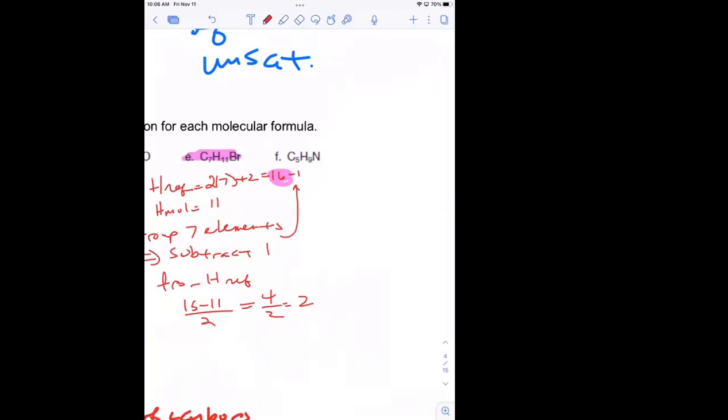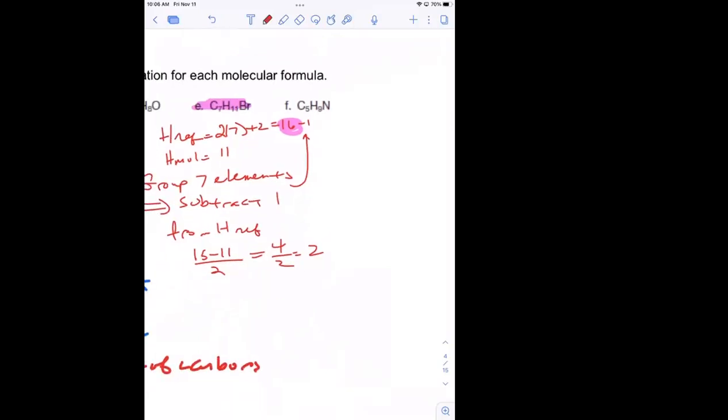It means I can have 2 rings, is that right? 2 double bonds, 1 ring and 1 double bond, so on and so forth. Because the degrees of unsaturation tells me the number of rings and/or double bonds that are present. So if I have 2 degrees of unsaturation, that means I can have 2 rings or 1 ring and a double bond.